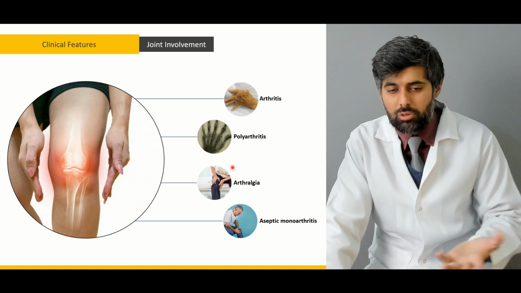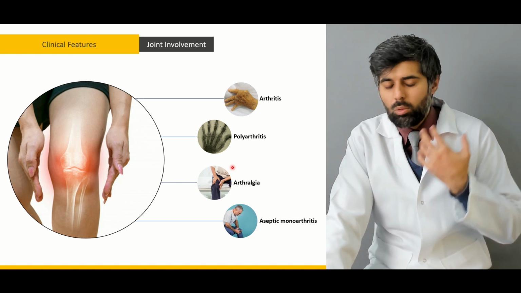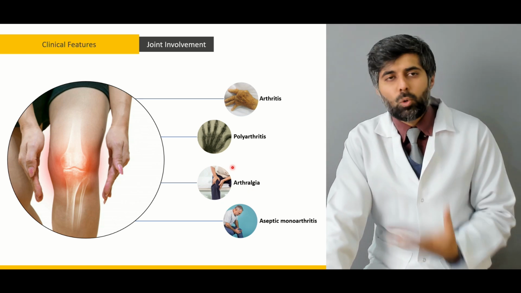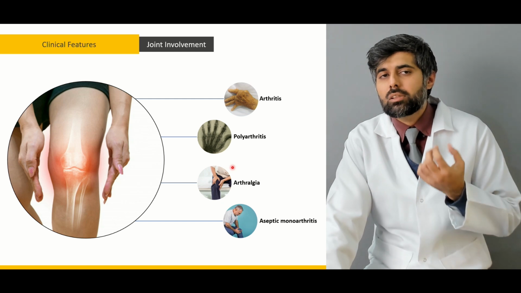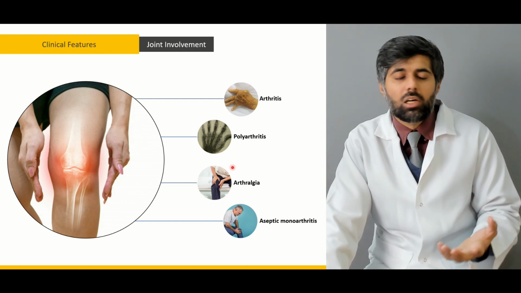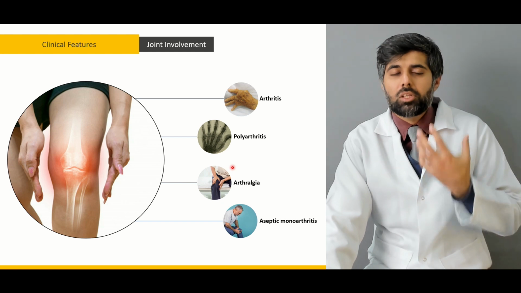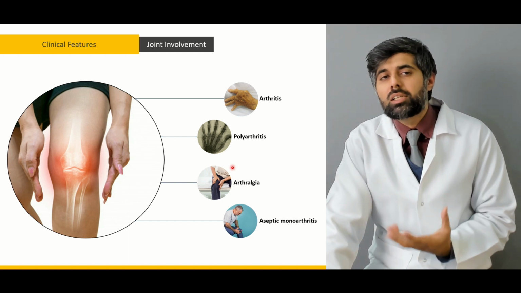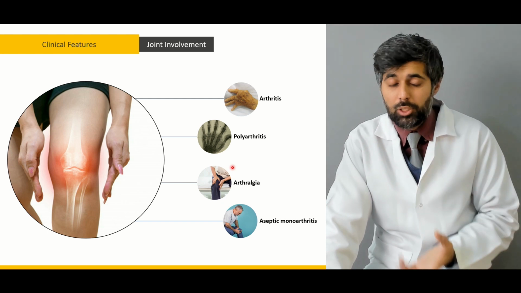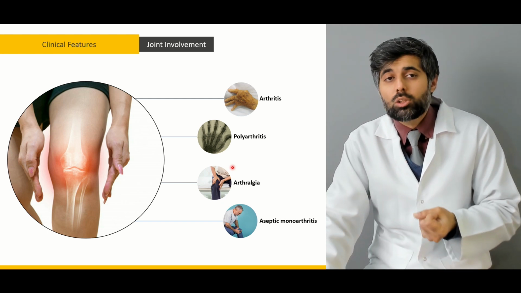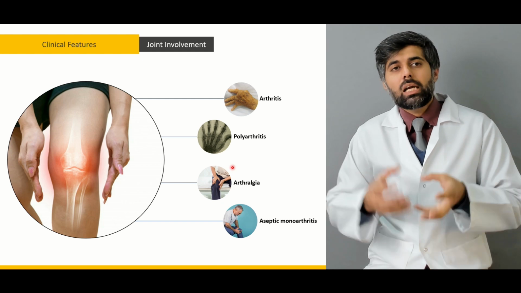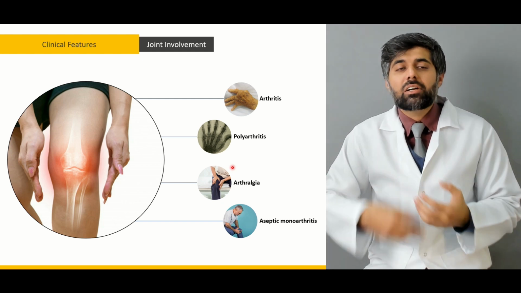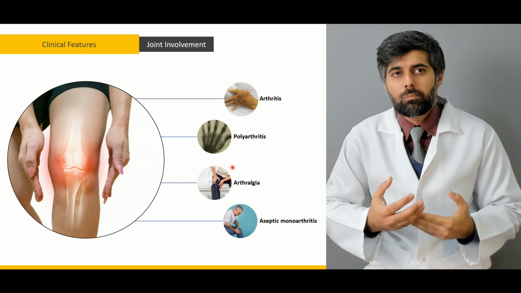Next is the arthralgia. In any arthritis or polyarthritis, the patient suffers from arthralgia. That is the pain when there is movement in the joint. And in rheumatic heart disease, this is particularly interesting because the arthralgia is the one that increases with time.